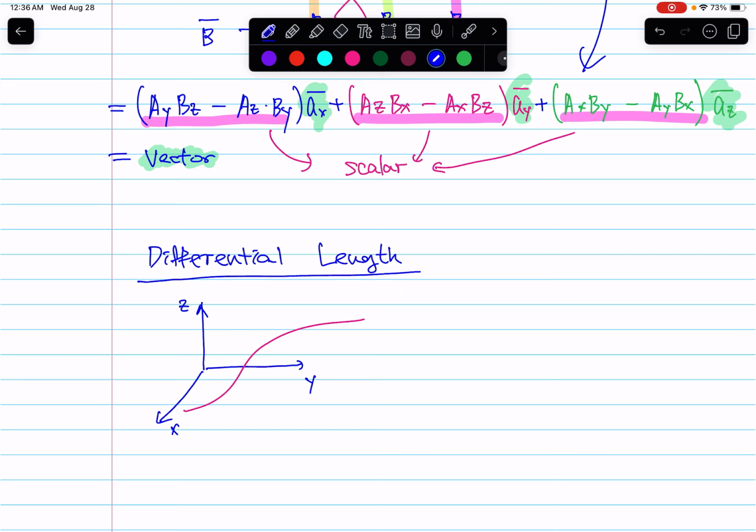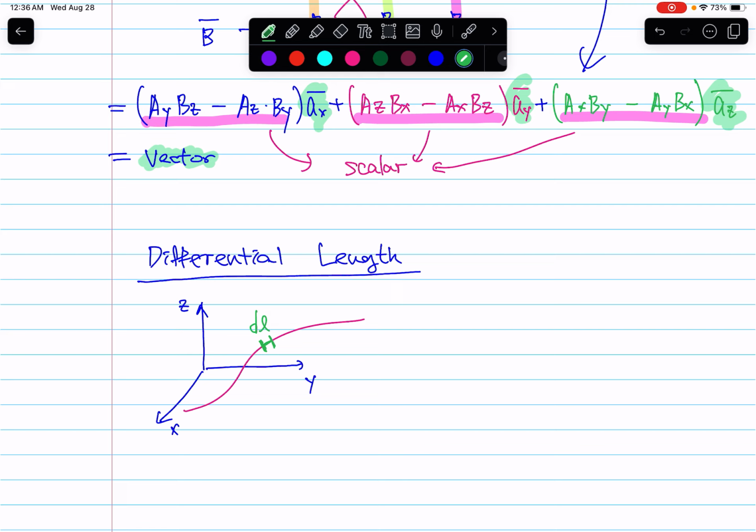Then we can express this line by segmenting it, by cutting it into a very tiny bit of this length. We're going to call this dl, this little piece of wire.